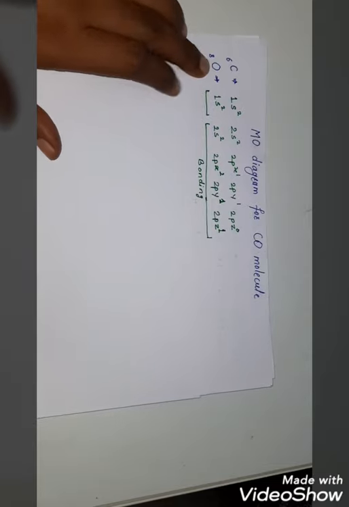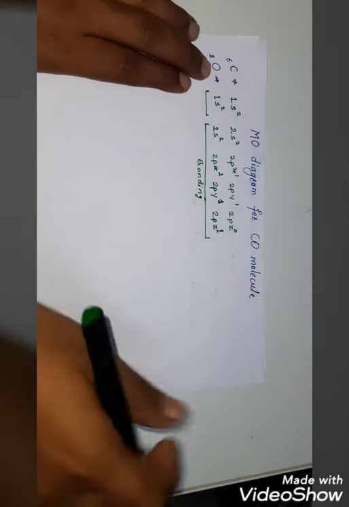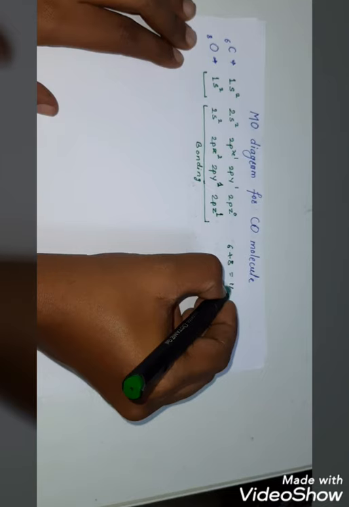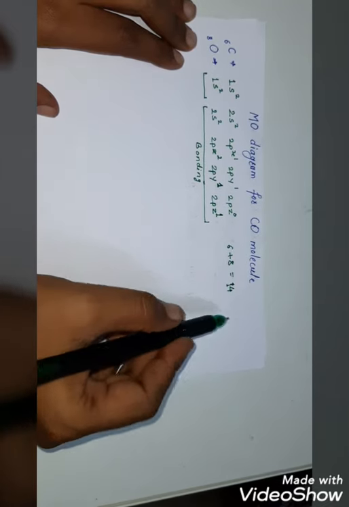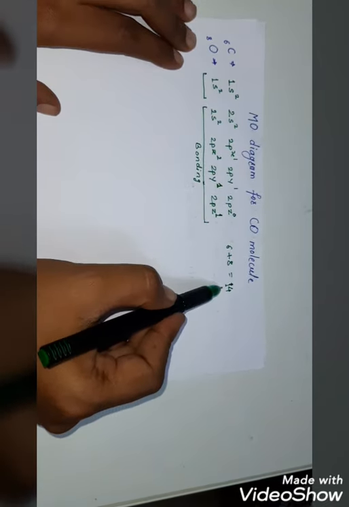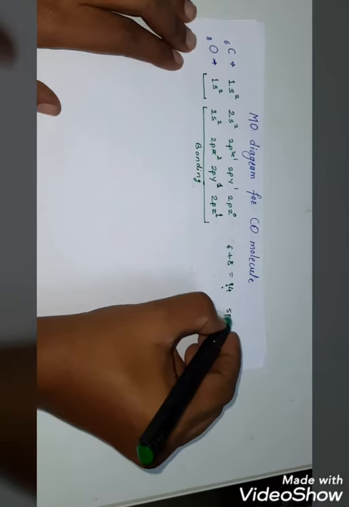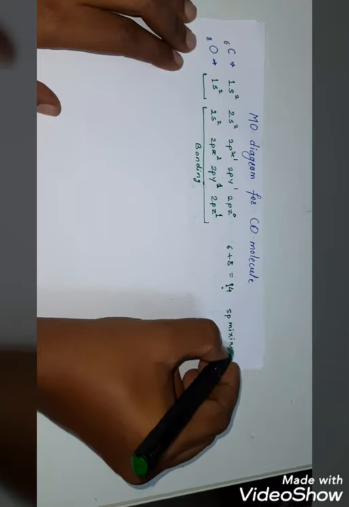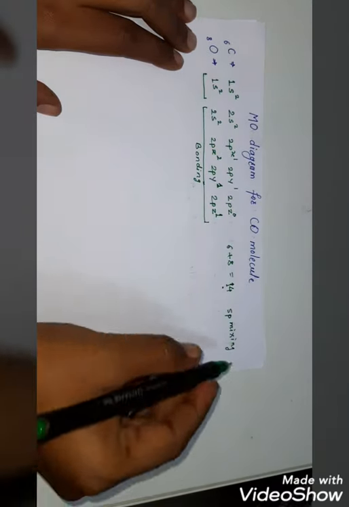Now we know there is one rule for drawing the molecular orbital diagram. In total we have 6 plus 8, that is 14 electrons. If there are 14 electrons, then sp mixing takes place. So let's draw the molecular orbital diagram.